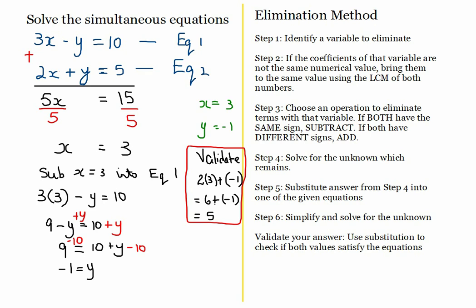Now, like I mentioned in the beginning, you can use elimination as well to eliminate variables where the coefficients are different. So why don't we take a look at how we do that elimination process with this same system of equations, where we're going to look specifically at the elimination of the variable x. So I'm going to write back my system of equations first.